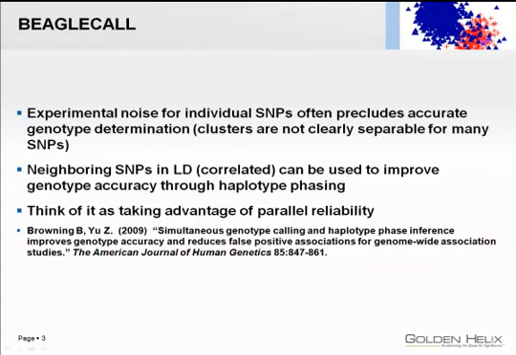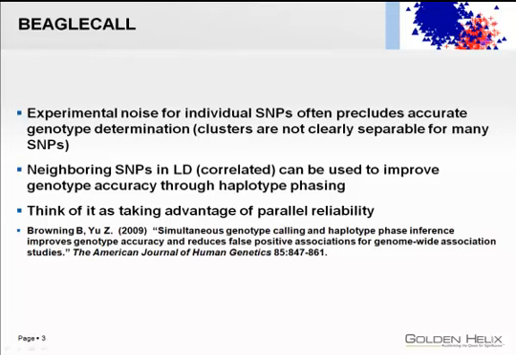Well, if you take 90%, 90%, 90%, 90%, and there's a high correlation because you can infer the haplotype, you can get up to 99% or better accuracy through that parallel reliability of many 90% confidences.